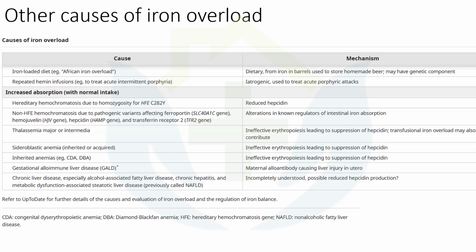And also we know that in thalassemia major and intermediate cases, ineffective erythropoiesis and transfusion-related iron overload happen, and in any other cases of anemia iron overload can also happen. And in some cases of chronic liver disease, like chronic hepatitis, we see elevated levels in the iron studies.